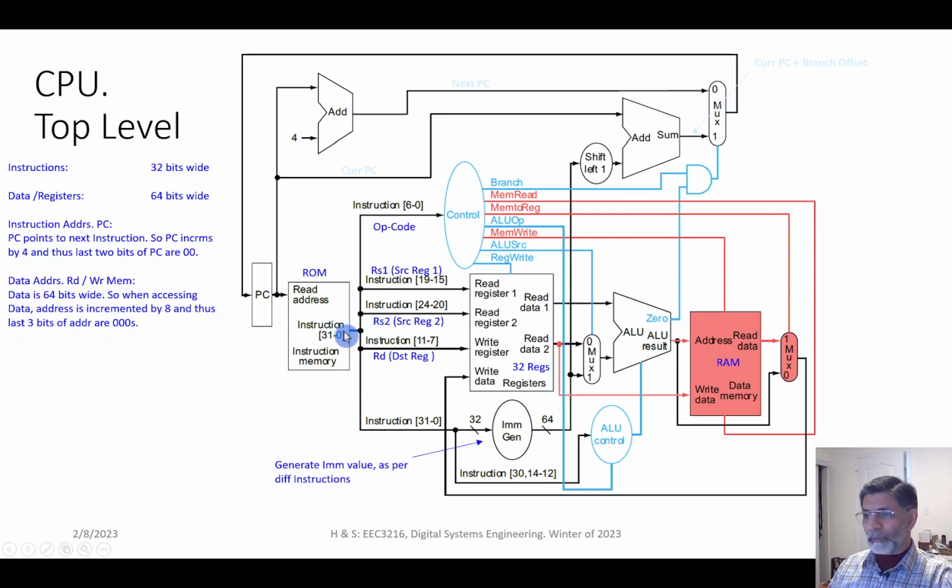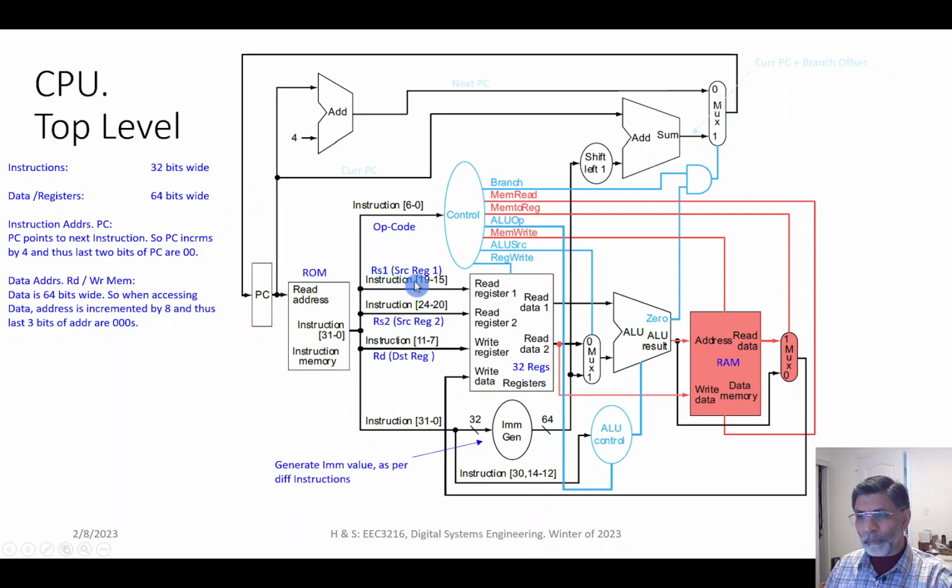So from the instructions which we are reading from this memory, which is basically a read-only memory, the instructions are, if you remember using your green sheet, the RISC-V green slide which has been provided to you, made up of different sections.